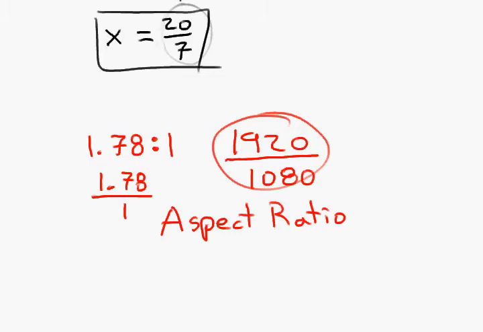Okay, let's take a look at another type of problem we can solve. In the problems we've been solving, x, the value that we were looking for, has been a numerator. What if we have something like this, where x is in the denominator?